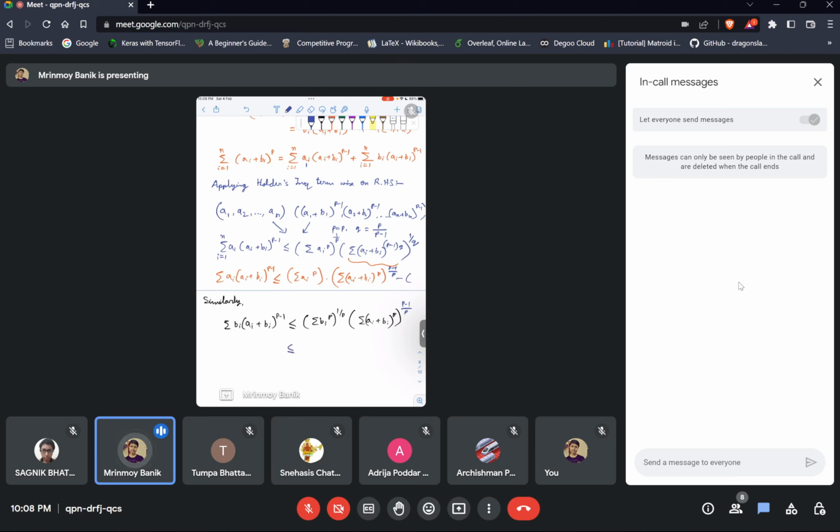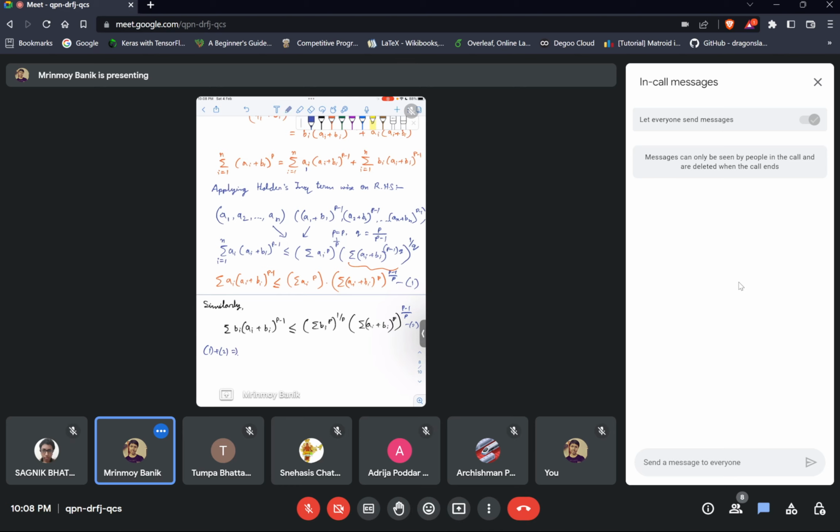If we add these two, so this is 1 and this is 2, so 1 plus 2 implies we have the sum over (ai plus bi) to the power p, which is equal to the sum over ai times (ai plus bi) to the power p minus 1 plus the sum over bi times (ai plus bi) to the power p minus 1.